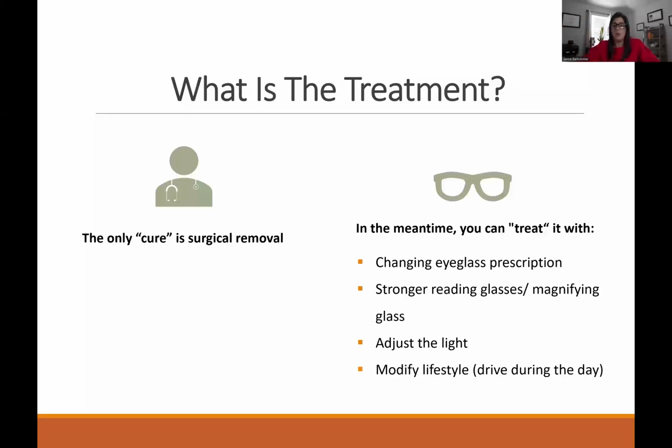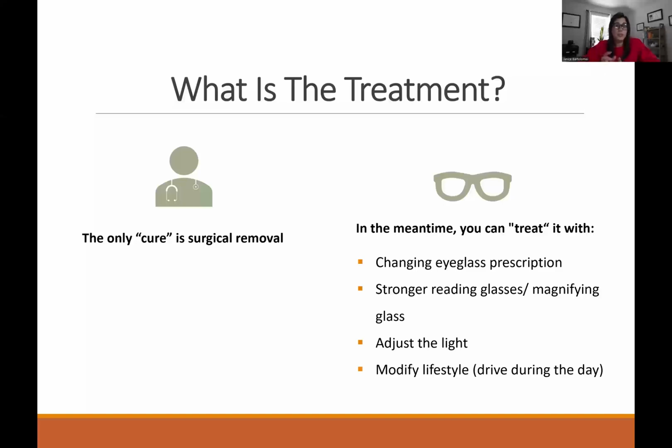However, meanwhile, before you get cataract surgery, you can sort of treat it with just modifications. For example, maybe increasing your eyeglass prescription, making it stronger. You can use a magnifying glass or reading glasses.